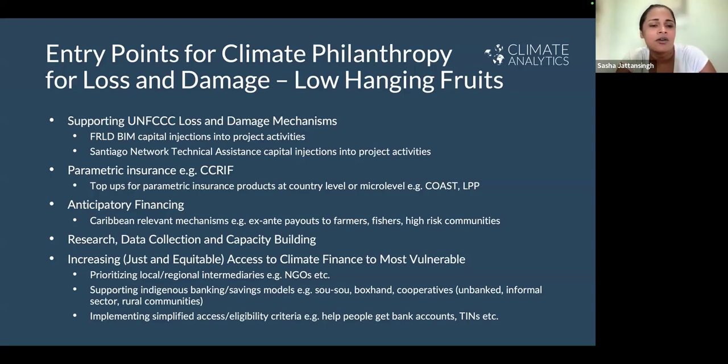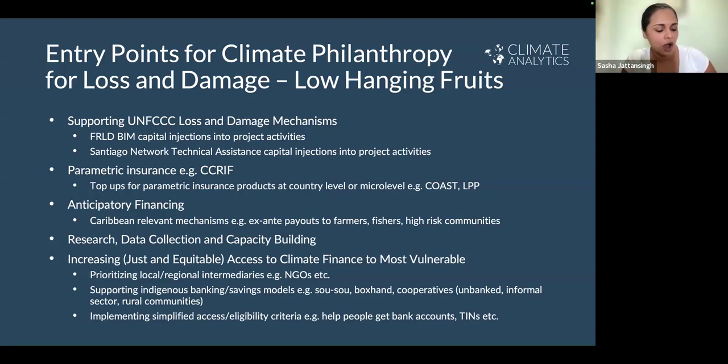And the first one is, how could we support existing UNFCCC loss and damage mechanisms? As I said, we have the Barbados Implementation Modalities, which is the early startup phase of the fund for responding to loss and damage. They'll be having calls for proposals or applications soon.